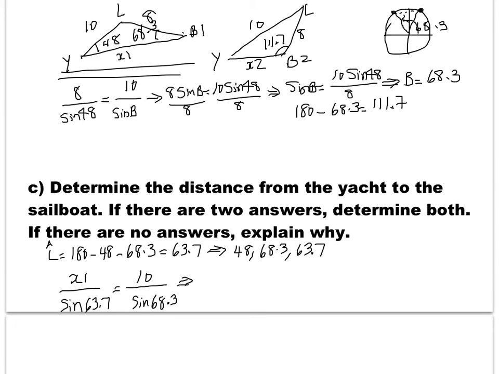If we cross multiply, x1 becomes 10 sine 63.7 divided by sine 68.3. If you simplify this one, we are going to get x1 is about 9.7 kilometers. So this becomes 9.7 kilometers.